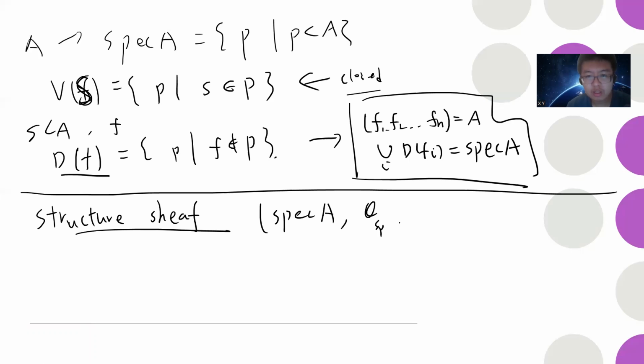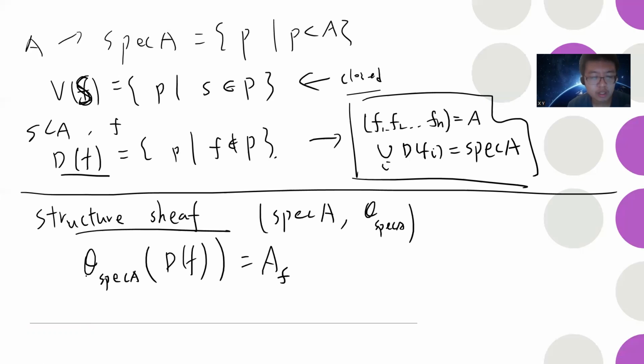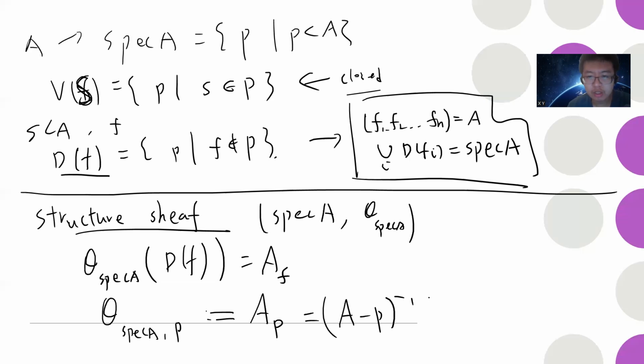This sheaf of Spec A applied on any D of F will be the localization A_F, and then there are the stalks. The stalk at P will be just the localization at P, which is the localization of A at the multiplicative set A minus P. And for F, this multiplicative set is 1, F, F squared, and so on.